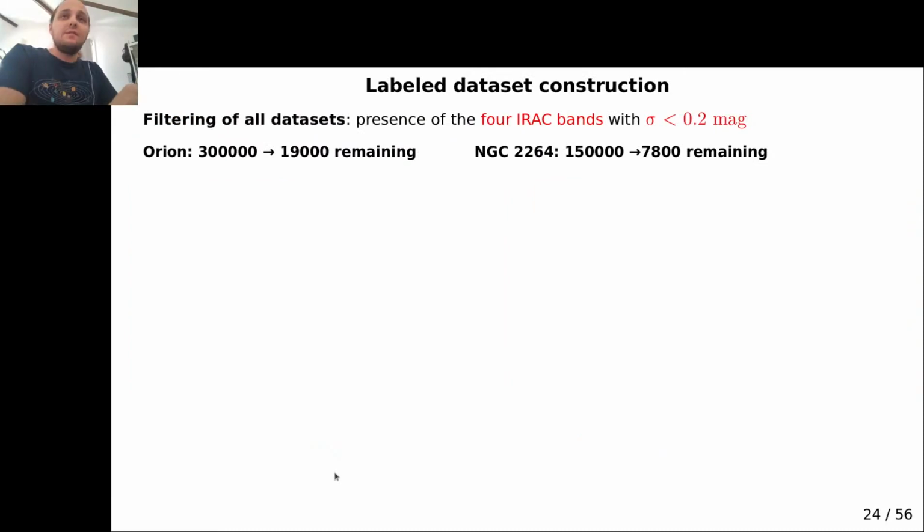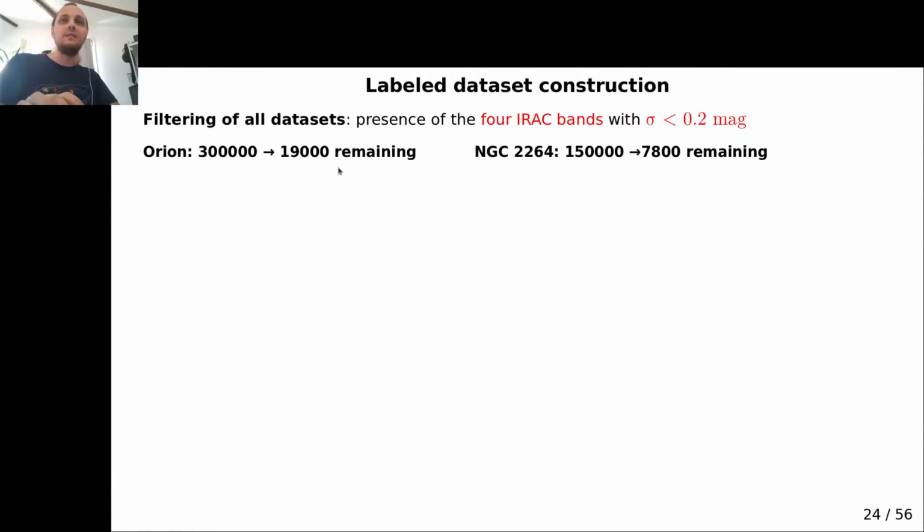So now that we have defined our regions of interest to construct our training sets, we have to actually provide labels for all of the objects present in those datasets. The first thing to do is to filter those datasets by checking if the object actually has the 4 IRAC bands that we need for the classification, and with small enough uncertainties for each of these bands.